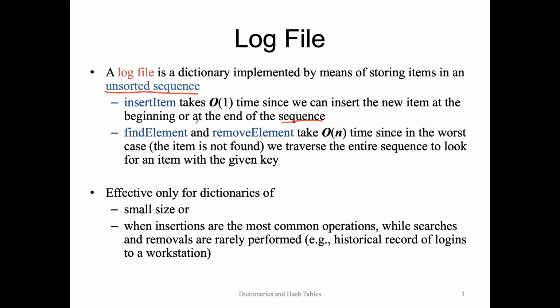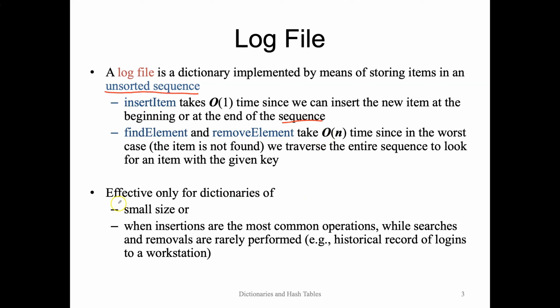So if we use an unsorted sequence to implement a dictionary, insert item is constant time, whereas our other operations to either find an element or remove an element based on its key would be linear time. This is because we would have to scan through the entire sequence in order to find where the item associated with this key is. So in the worst case, we'd go through the whole thing and there are n elements in there.